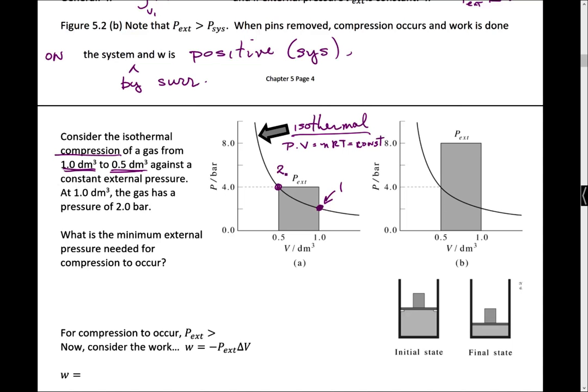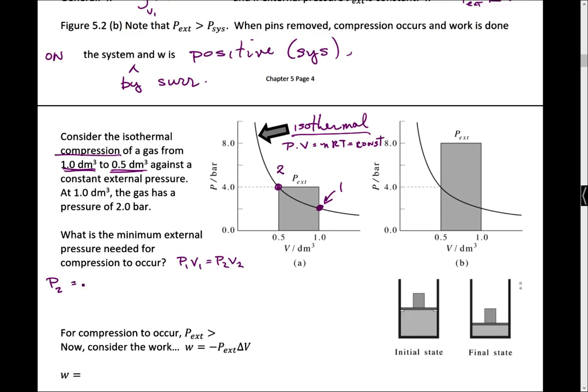Okay? Does that make sense? Right. So we can ask, what's the minimum pressure that we need in order for this compression to occur? Well, we know P1 V1 equals P2 V2 as long as we're talking about an isothermal process. Okay?